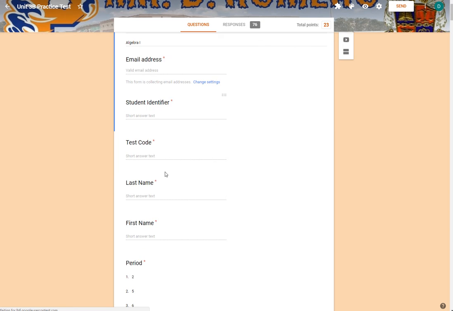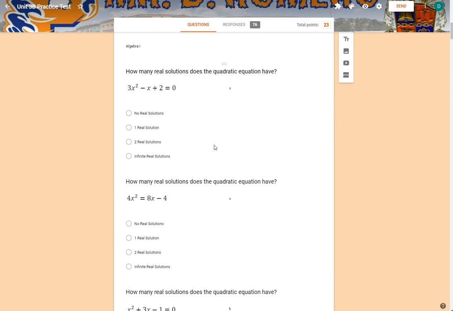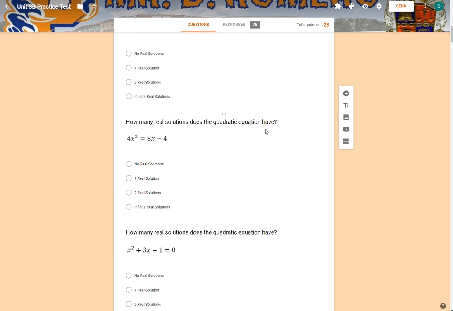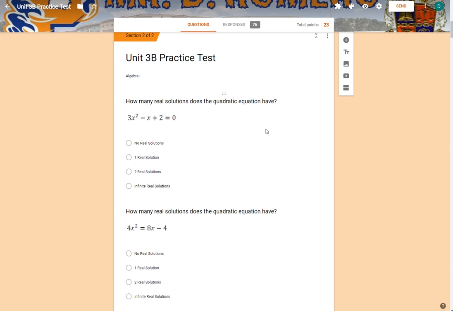This is the actual test here. These were the ones that were how many solutions, but I don't think we've done any of these.